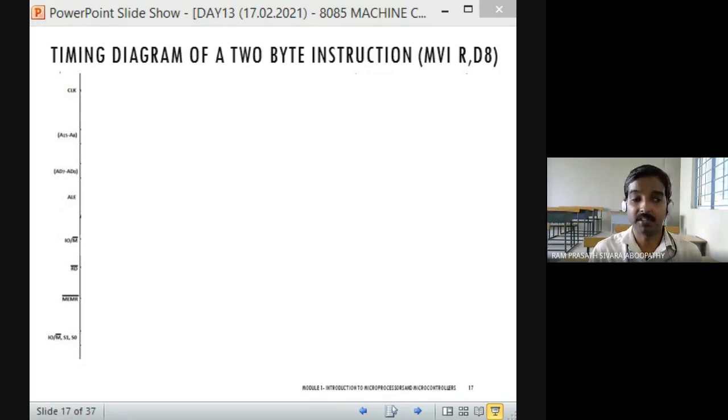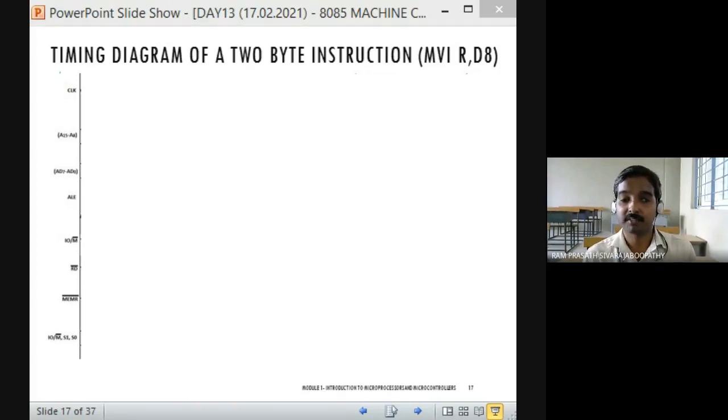After fetching the opcode, at the end of T4 state, it knows it has to get the data from the next memory location to the accumulator register. So what does it have to do next? Very good, memory read cycle. So opcode fetch is one machine cycle, memory read is another. After reading the data 77, where does it have to store it? It has to store it in the accumulator.